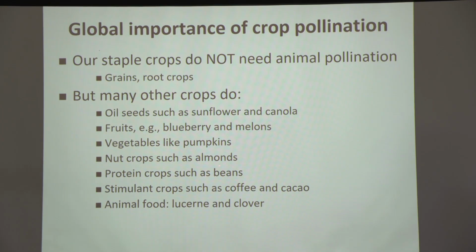Vegetables, nuts, such as almond, but not all nuts, as we saw before with pecans and others. Protein crops, some beans, but not all beans. And stimulant crops like coffee and cacao, but not tea. And of course for animal feed, not the grasses, but some of the legumes that we use in agriculture like lucerne and clover. All right.